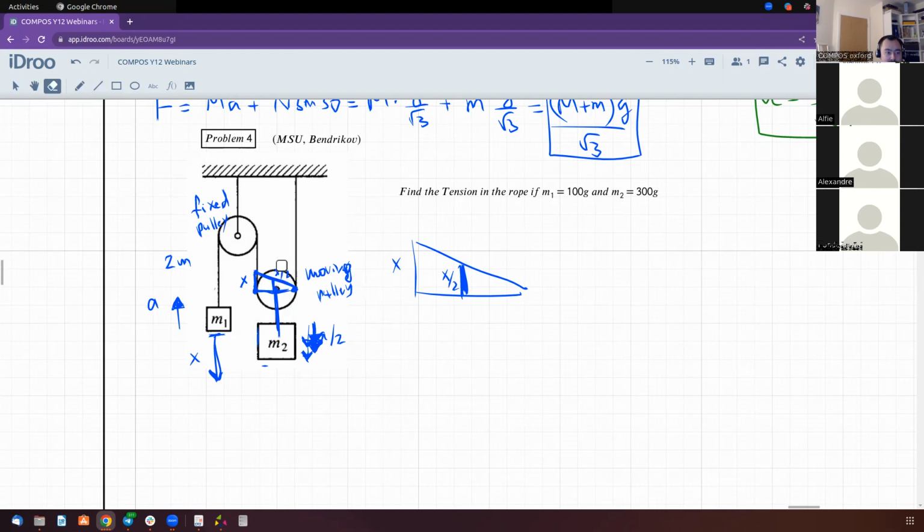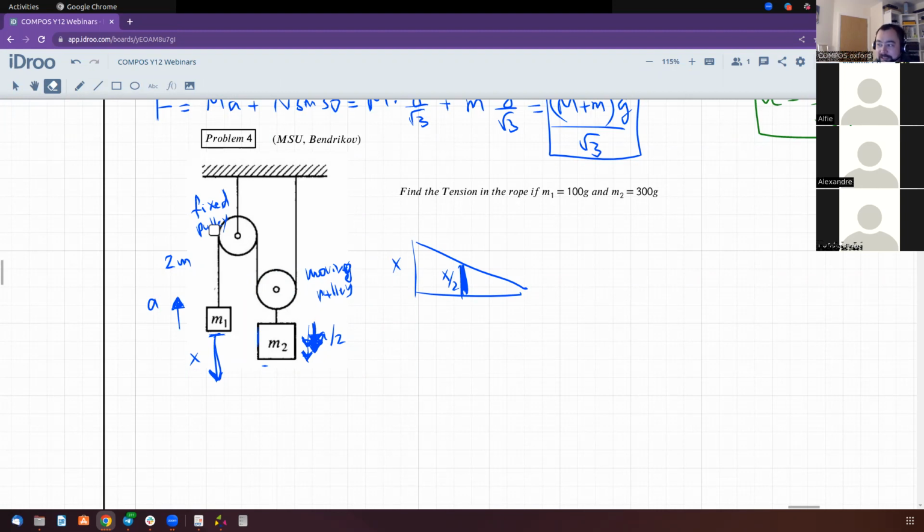Well, what is the center of the pulley attached to? If the center of the pulley is attached to the mass, that means it is moving. If the center of the pulley is attached to the ceiling, it's not moving.